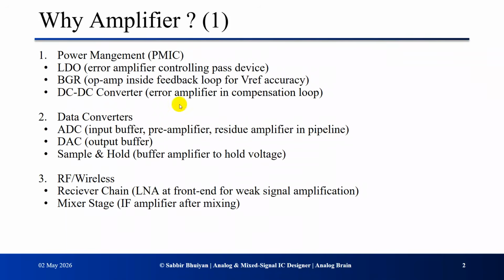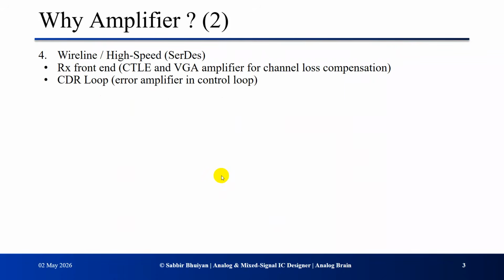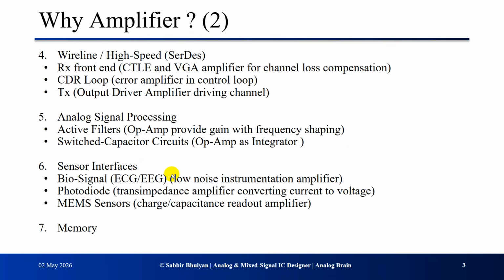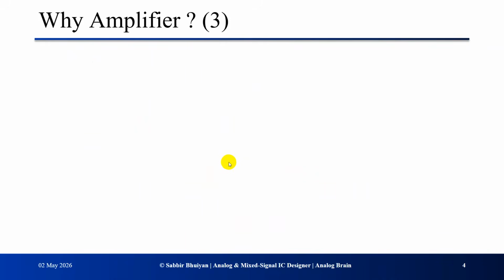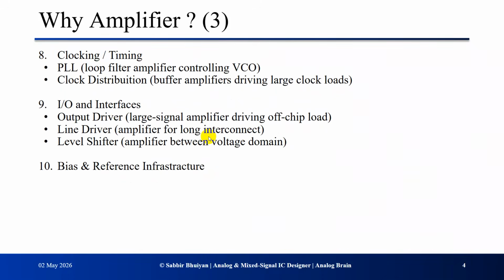Okay, we can see amplifiers in PMIC devices, data converters, RF and wireless devices, and also in wireline RX front ends. Also we can see amplifiers in analog signal processing, sensor interfaces, and also in memory circuits. And rounding out the picture, clocking and PLLs, IO drivers, bias and reference infrastructure, startup circuits, reference buffers, voltage and current references all use amplifiers in feedback.